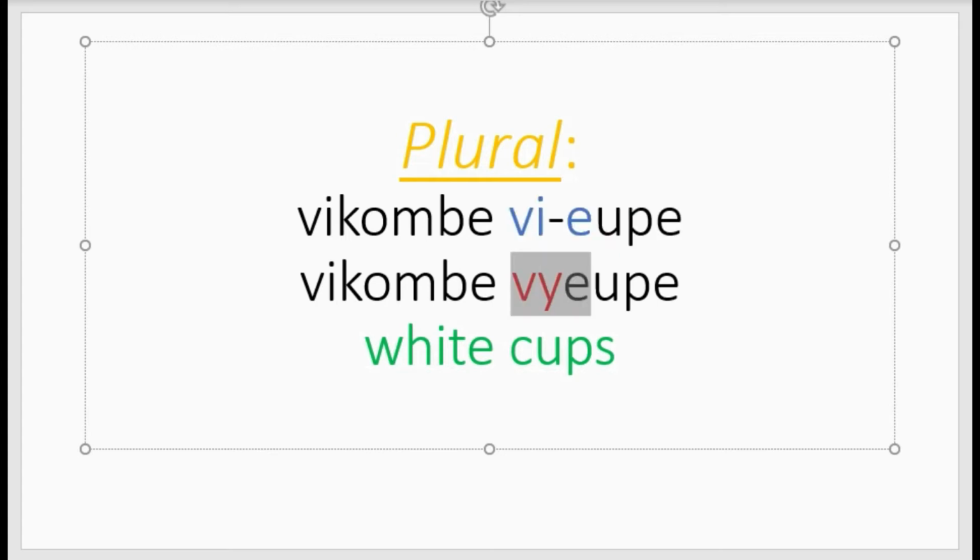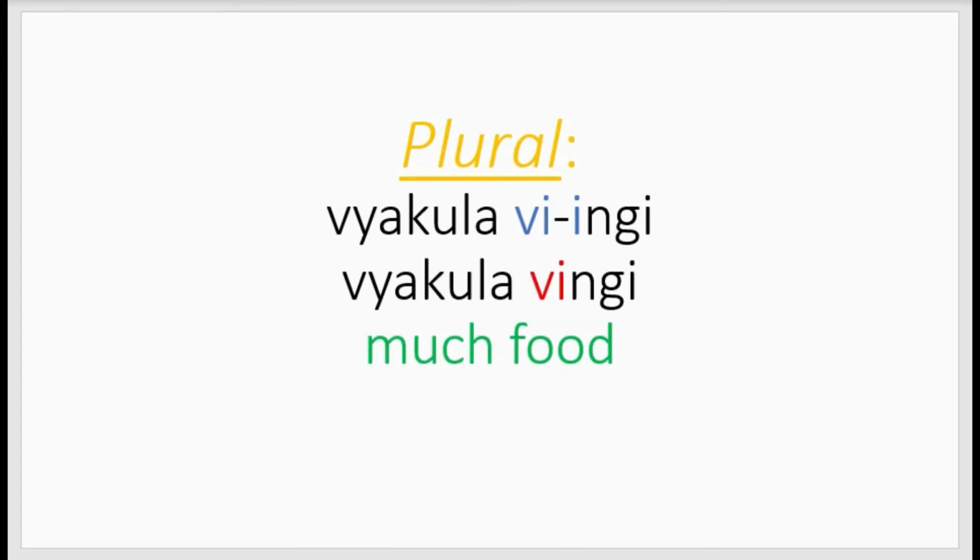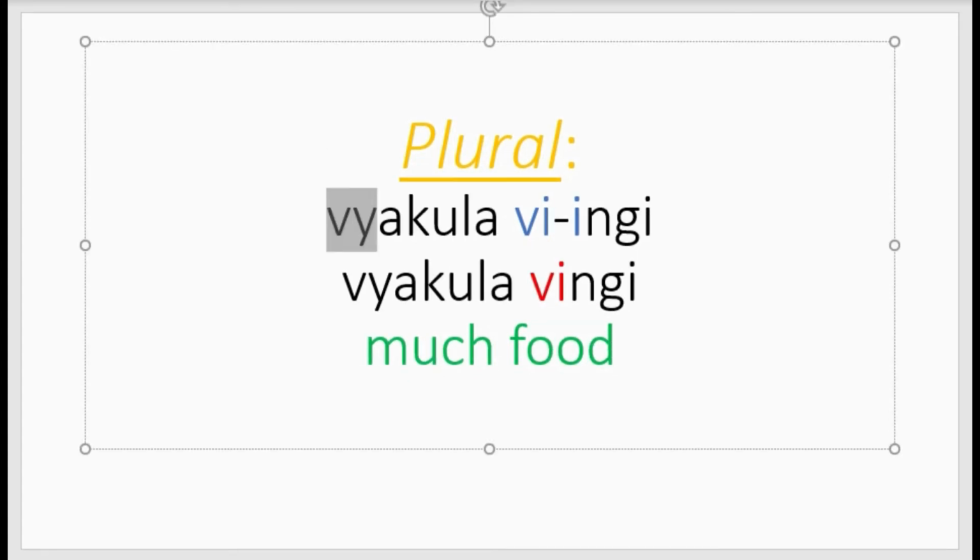So vikombe vieupe means white cups. Now in plural, for example, vyakula. This is a ki-vi class. So the v combined with e, we get vingi.